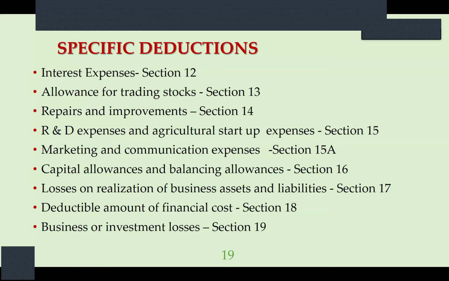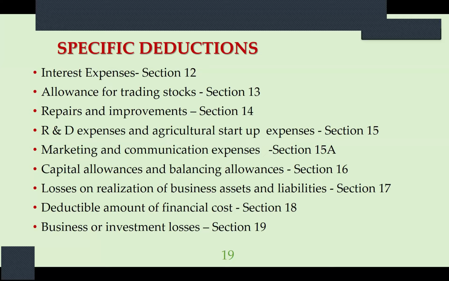For example, here I have mentioned interest expenses. Interest expenses means after we borrow a loan from a bank for the purpose of our business, to incur expenditure for the business purpose, we can borrow money.